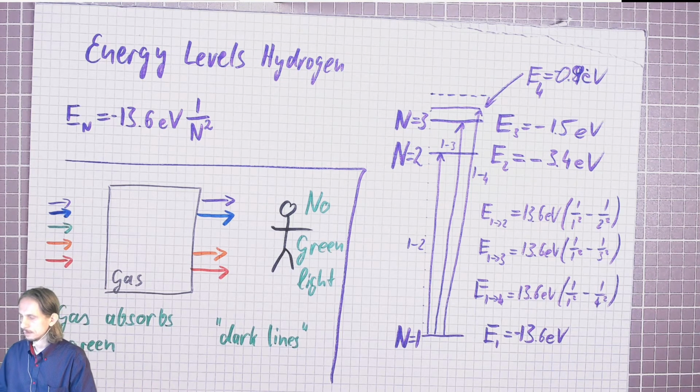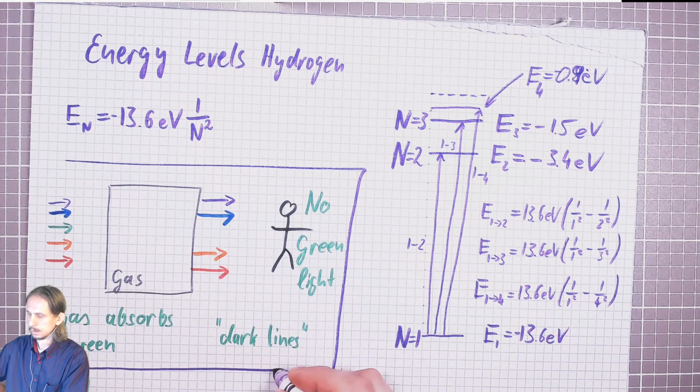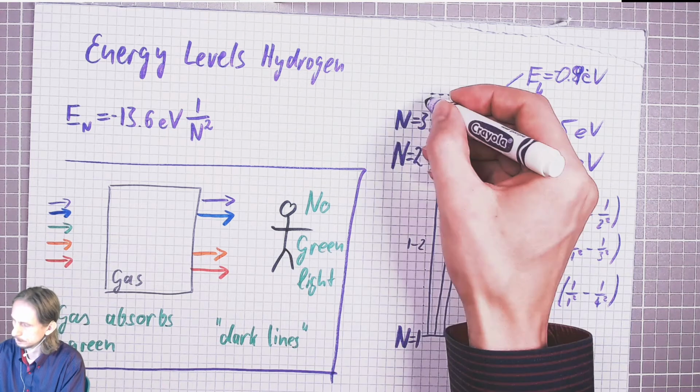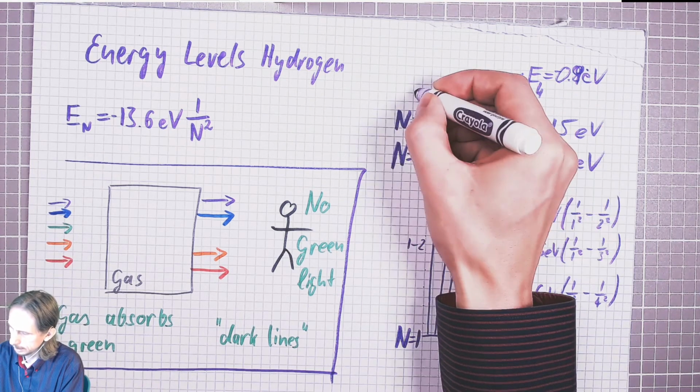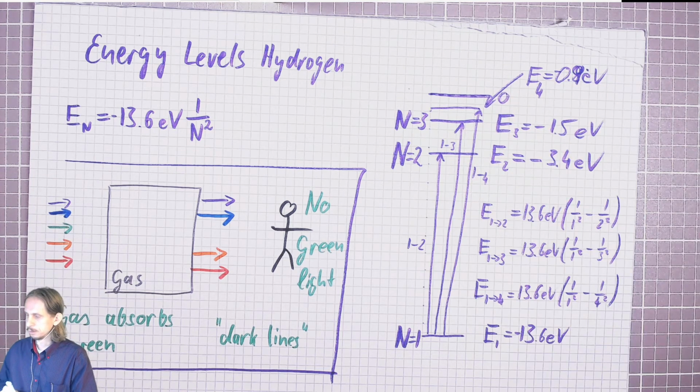What happens if we had light that had a bigger energy than 13.6 electron volts? So up here I have energy level of 0. What happens if we have light that has an energy that's bigger than 13.6 electron volts?